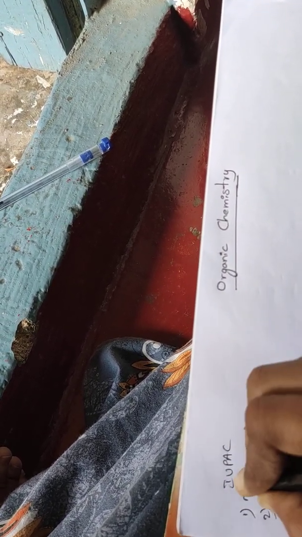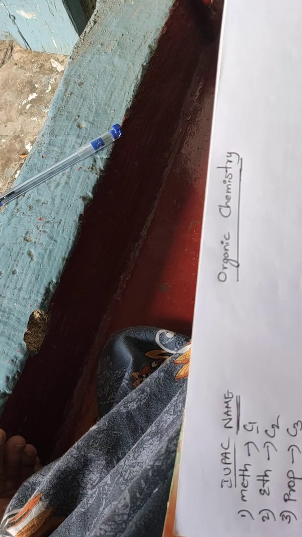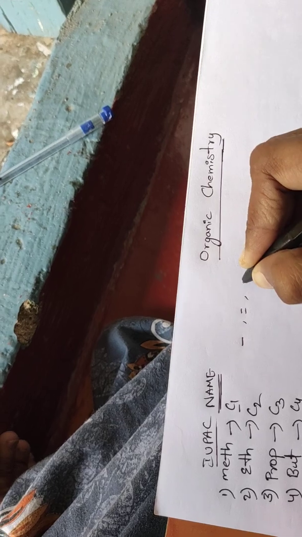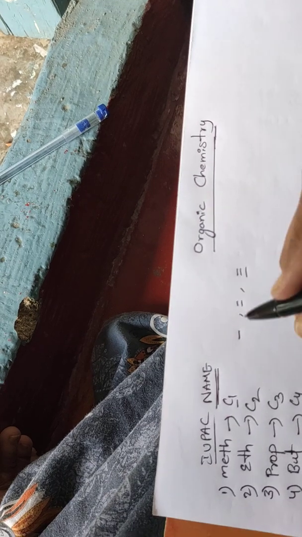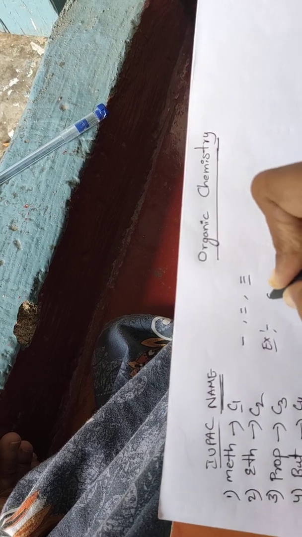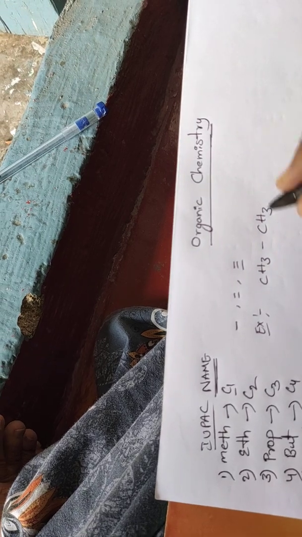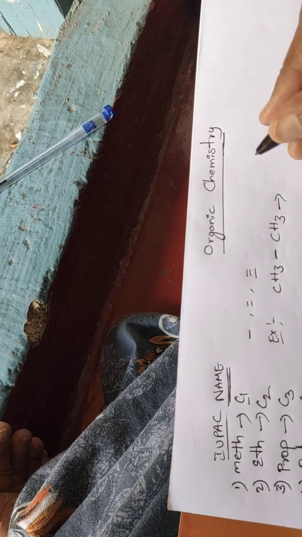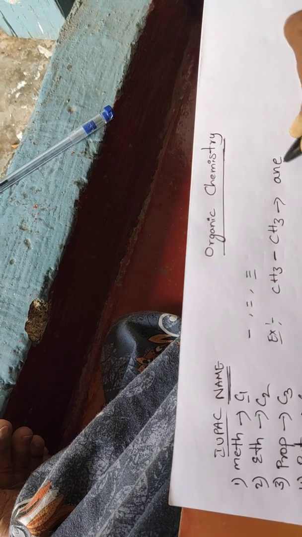Next one, if you have a single bond, double bond or triple bond, how to give names for carbons. Suppose, for example, CH3 single bond CH3. It means we have a single bond, that is called ane.